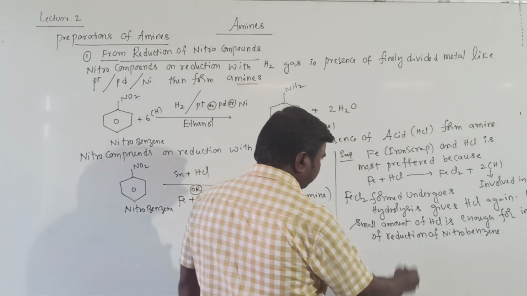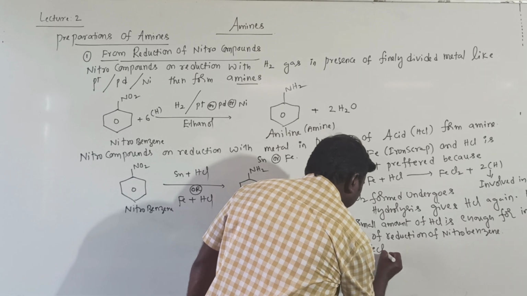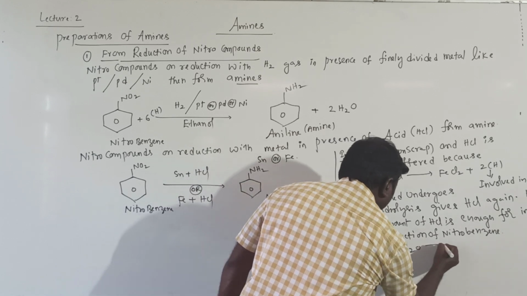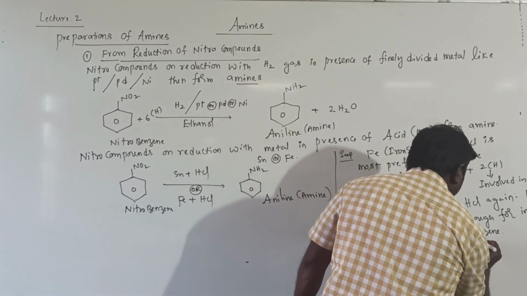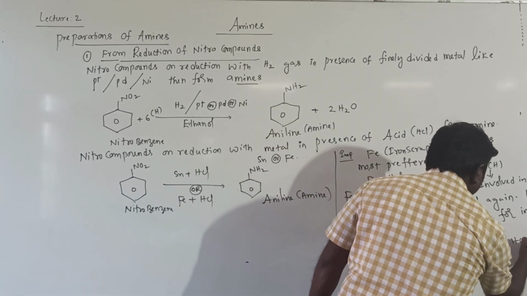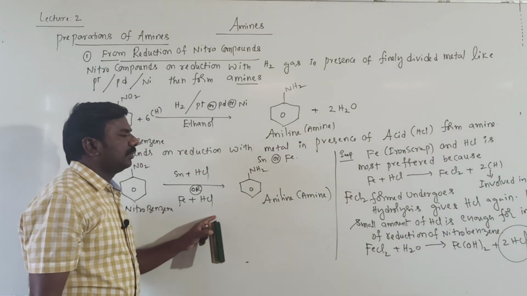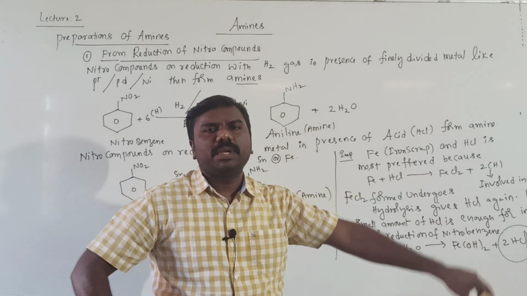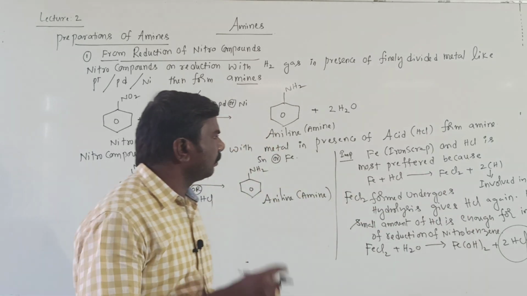So FeCl2 with water then gives rise to Fe(OH)2 plus 2HCl. This 2HCl is again involved in the reduction, then converts the nitrobenzene into NH2. Very, very important 1 mark question it is.